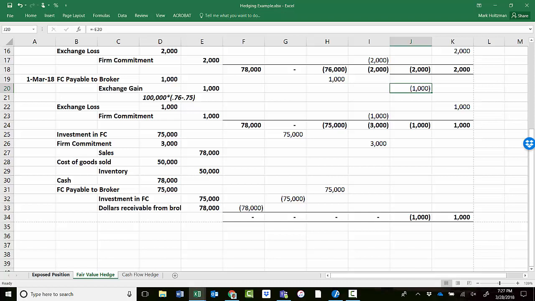My balance sheet is completely clean, and I've got here a $1,000 gain from when I marked to market on March 1st and a $1,000 loss. They're going to offset each other on the income statement, and that's it. Isn't that cool? Is it starting to make sense?